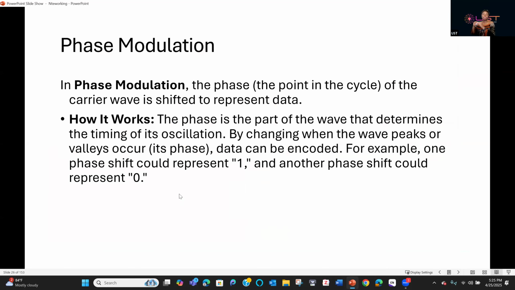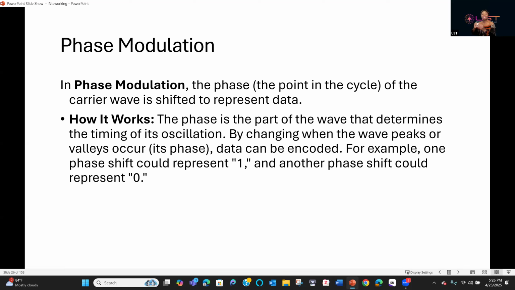Then let's talk about phase modulation. In phase modulation, the phase, that's the point in the circle of the carrier wave, is shifted to represent data. Once it is shifted, it represents data. But how does it work? The phase is the part of the wave that determines the timing of its oscillation, by changing when the wave peaks or valleys occur.